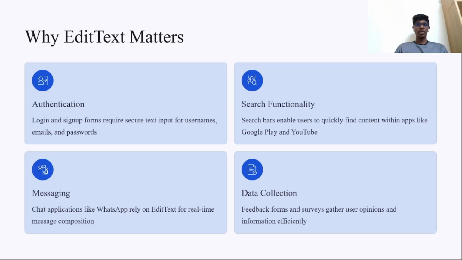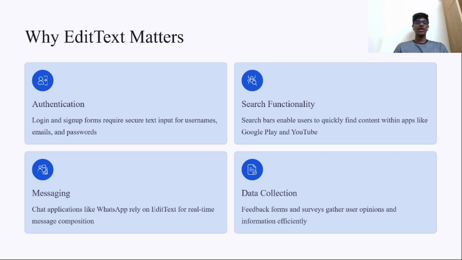Now, why is EditText so important? Think about most mobile apps, they all need user input in some form. For example, authentication, search functionalities, messaging, data collection. In authentication, login or sign up forms need fields for username, email, and password. For search functionalities, apps like YouTube or Play Store use EditText for search bars.